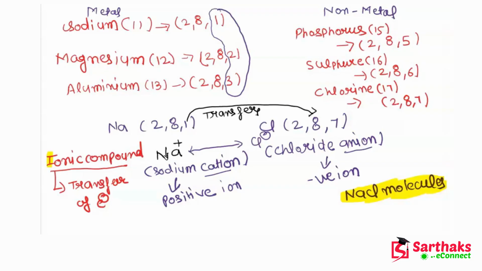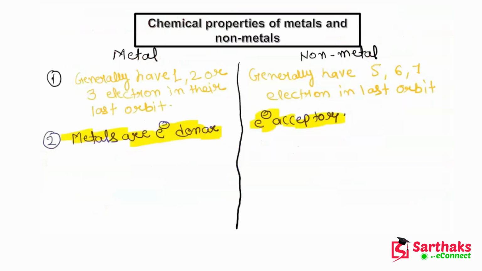So that's why non-metals are basically electron acceptors, and metals are electron donors. So this is the second point.